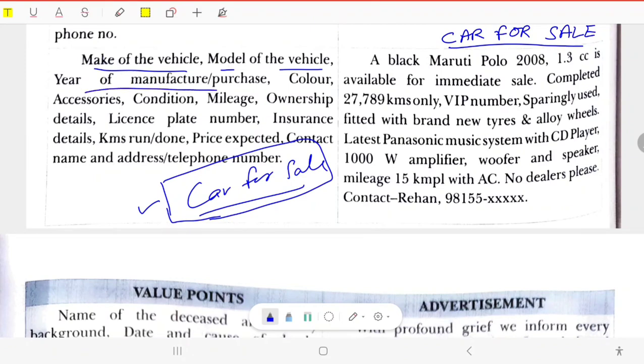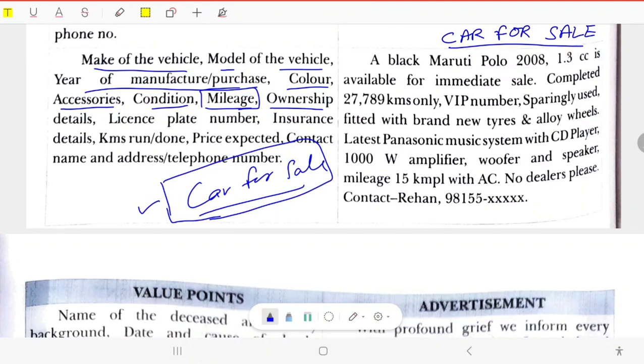Year of manufacturing or purchase. What color is your car? What other accessories are fixed in it? What is the condition, meaning good condition, or whether dents are there. What's its mileage? Not necessary, because generally it's understood. Ownership means first owner, second owner, or people even write that it's doctor driven, businessman driven, owner driven.